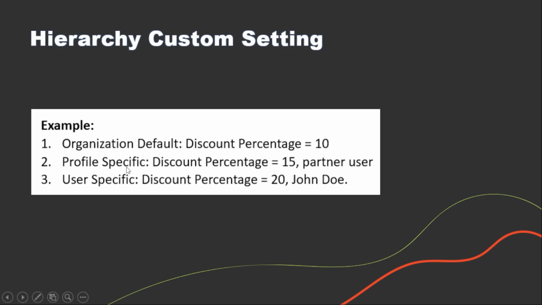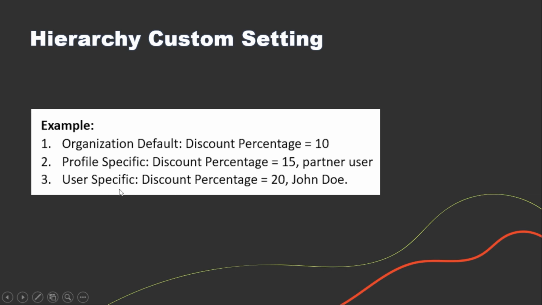And then we have a profile specific discount, which means let's say for the partner user A profile, if any user belongs to this partner user profile, they will get 15% discount. They will not get the 10% discount which normally every user has, since they have a special profile.